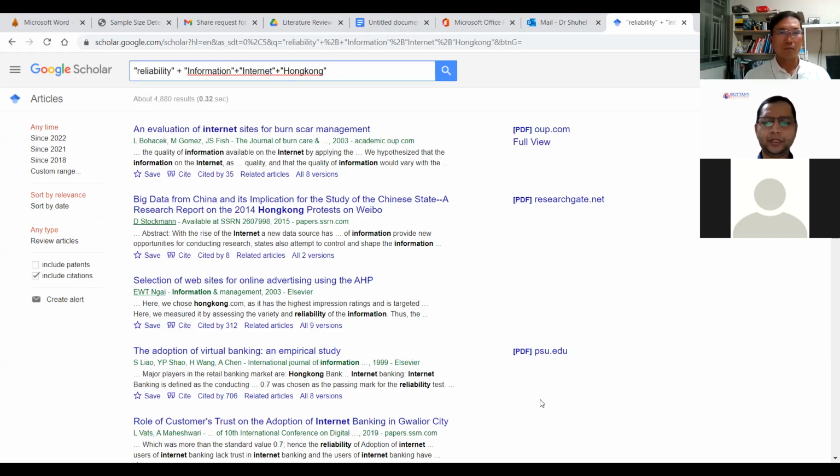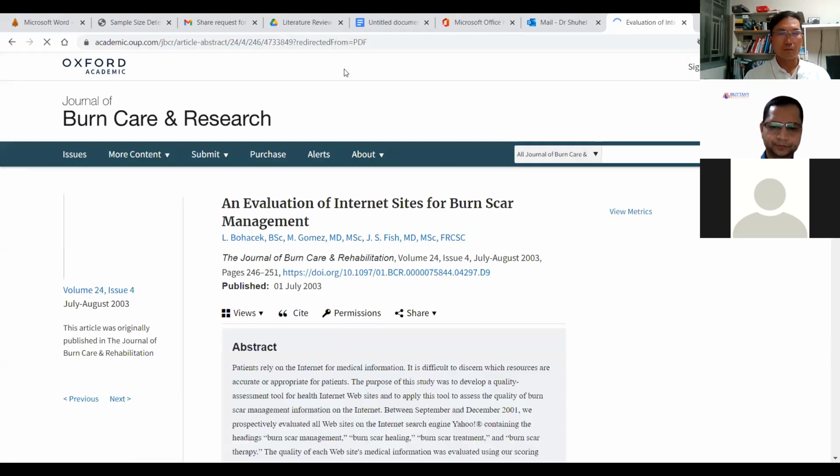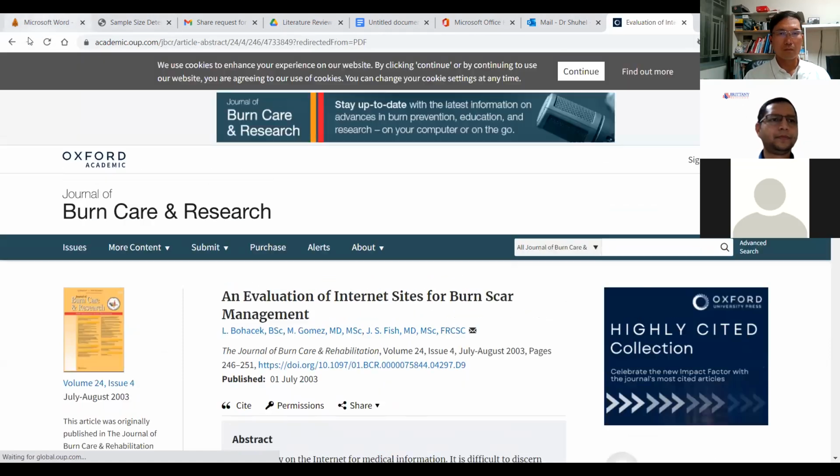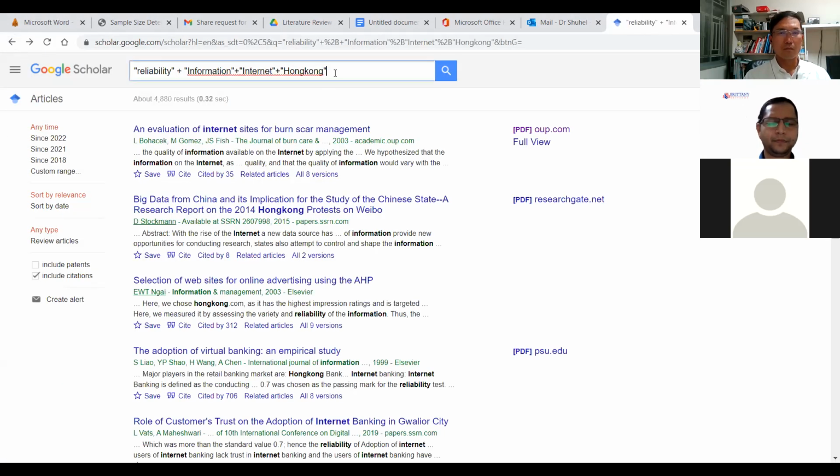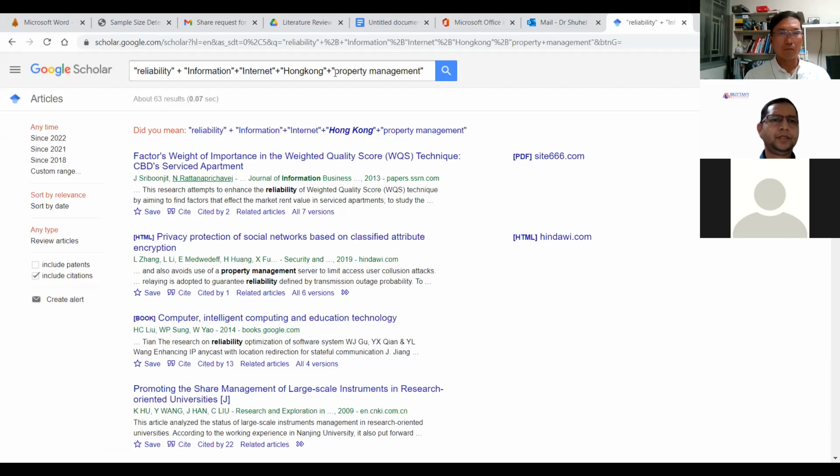Okay, reliability of, I forgot your title, Hong Kong property. Okay, now property management we put, it will be more or less. Now only 63. So 63 articles you can read, isn't it? You can read easily.